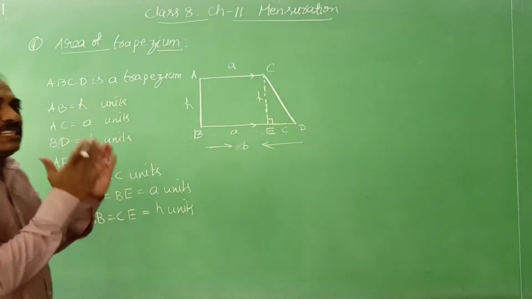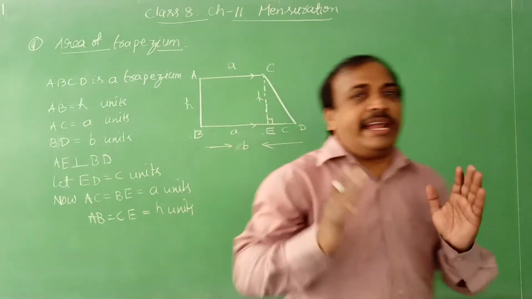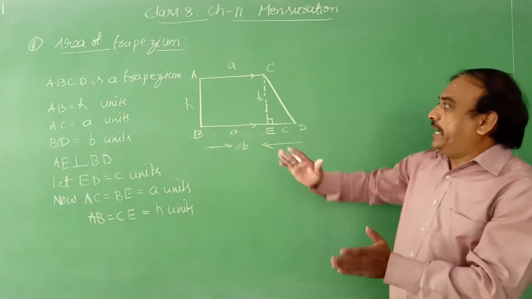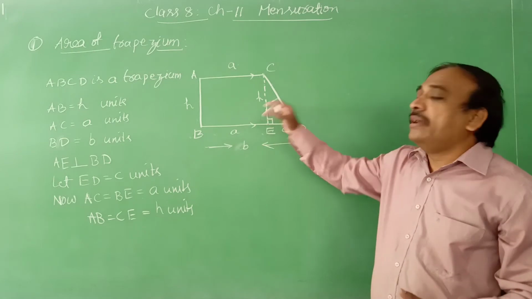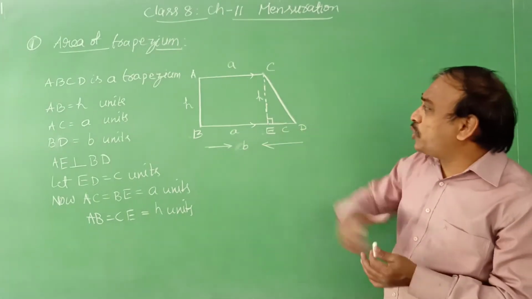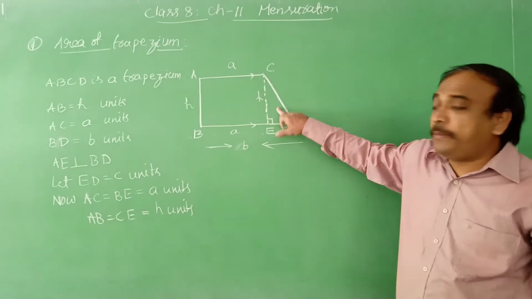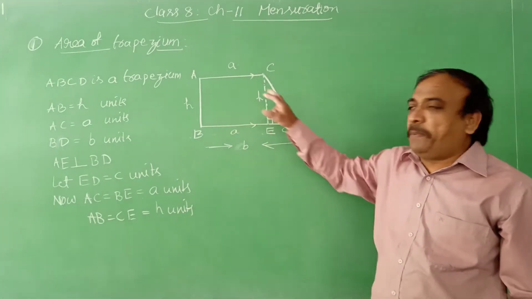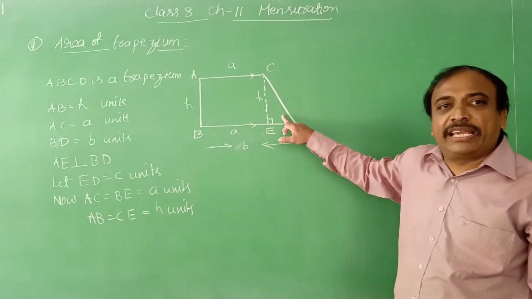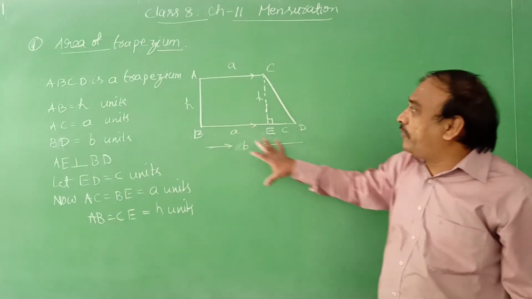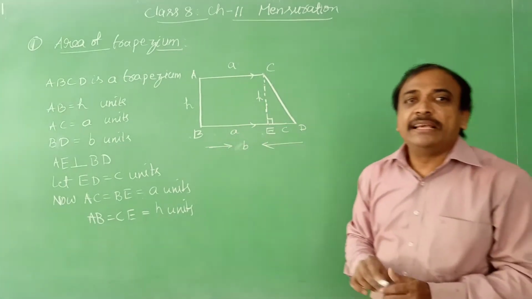So we divided the given trapezium into a rectangle and a triangle. The area of the rectangle plus the area of the triangle will give you the area of trapezium ABCD.